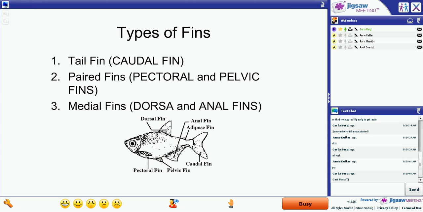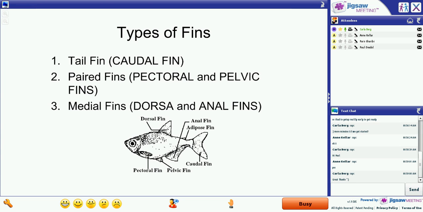There are several types of fins on a fish. And each fin has its own name. There are tail fins, which are called caudal fins. If you look at this diagram down here, they are to the right, back on the fish's tail.